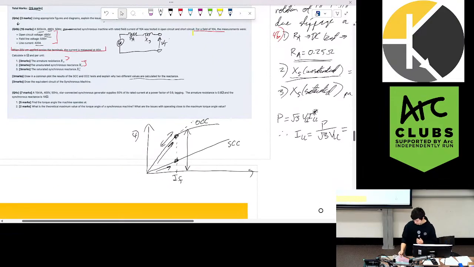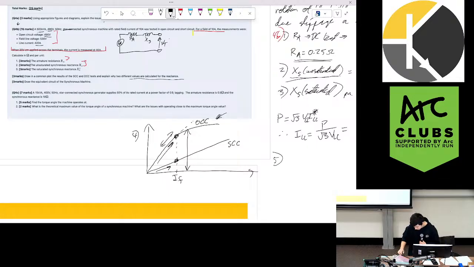I believe that is air gap saturation. You would increase the air gap to decrease saturation. Anyways, all right, good stuff. That is part 4.